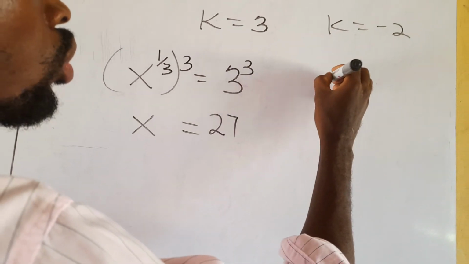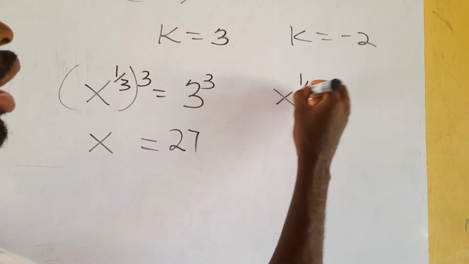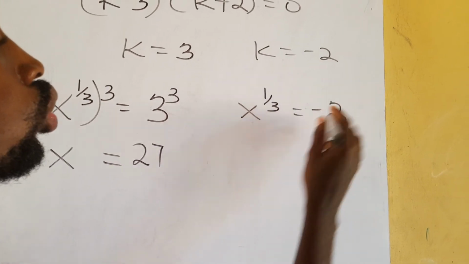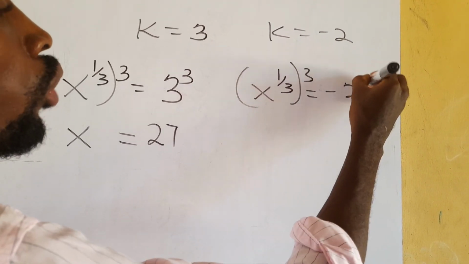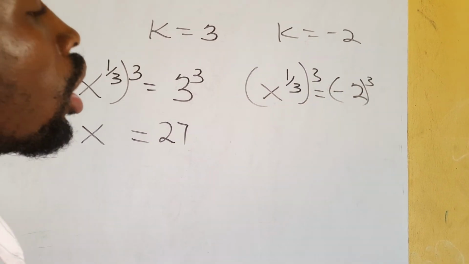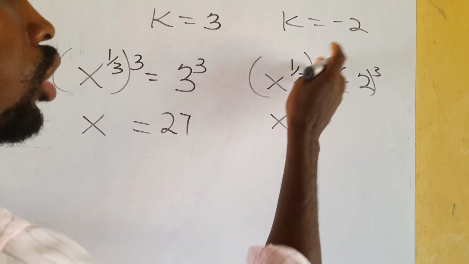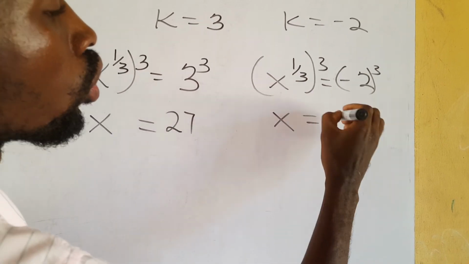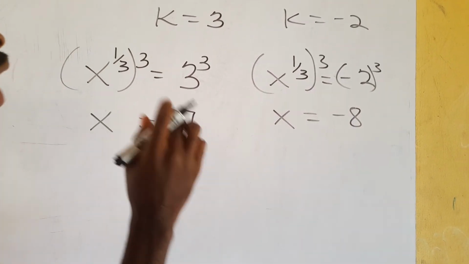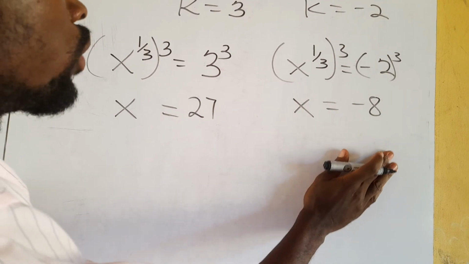The second one, x exponent 1 third will equal negative 2. In the same vein, to eliminate the fraction, we cube both sides. This will cancel, we'll be left with x equal to negative 8. So our x is 27 or negative 8.